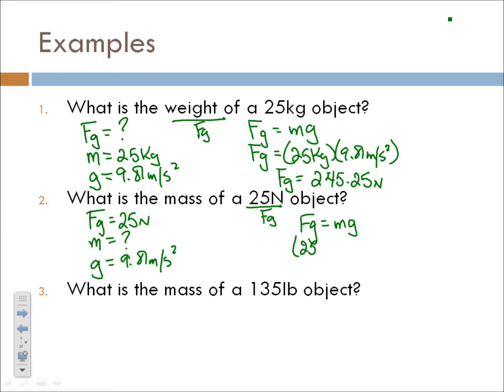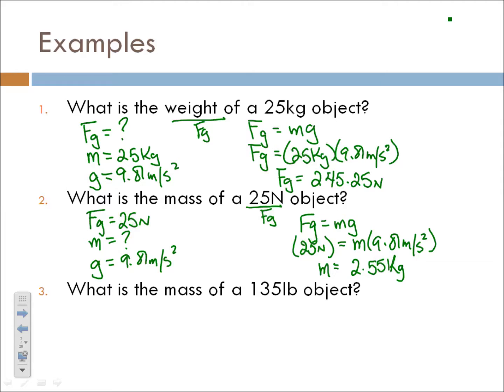This time the 25 is on the left side as a newton, as a force. We divide both sides by 9.81 meters per second squared to get our mass, and when we figure this out, we get 2.55 kilograms worth of mass.